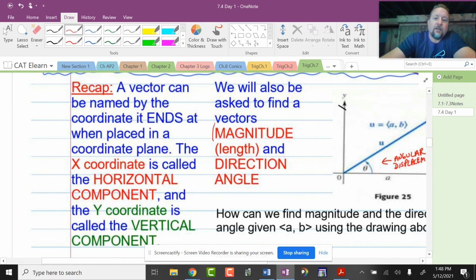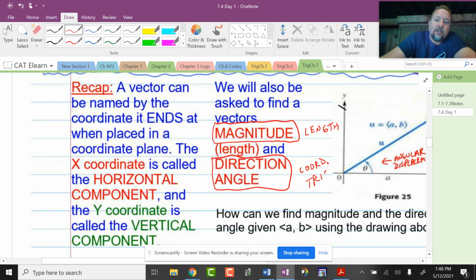All right, here comes the trig. We will also ask you to find the magnitude, which remember is just the length. How long is that vector? That's it. And the direction angle. That is going to be coordinate trig. Don't freak out.